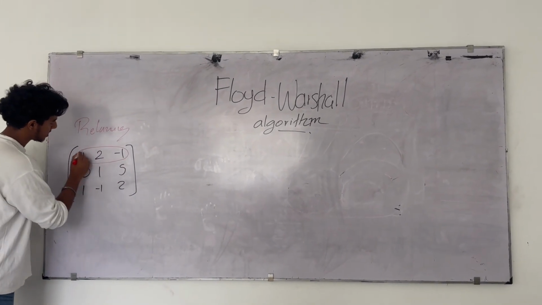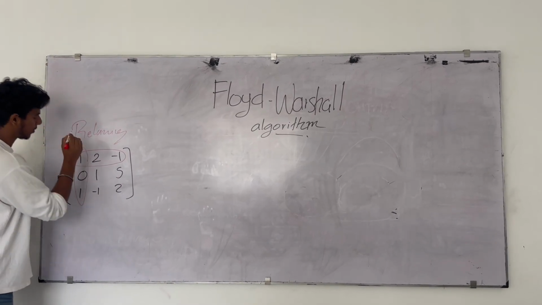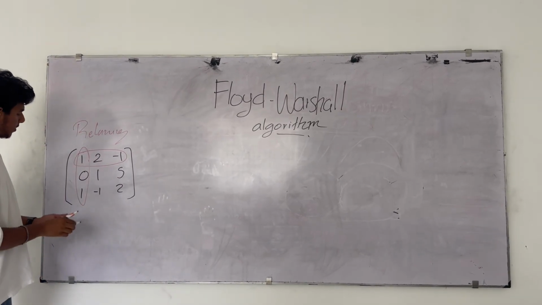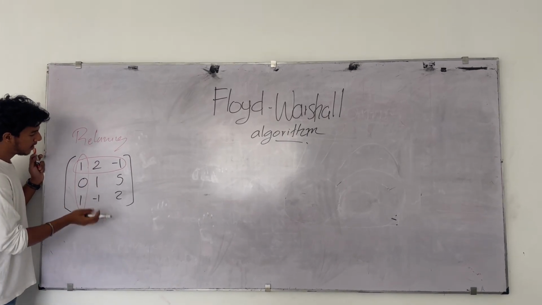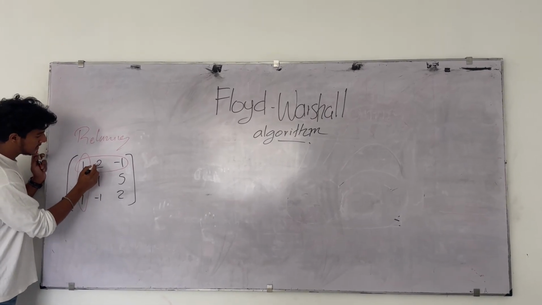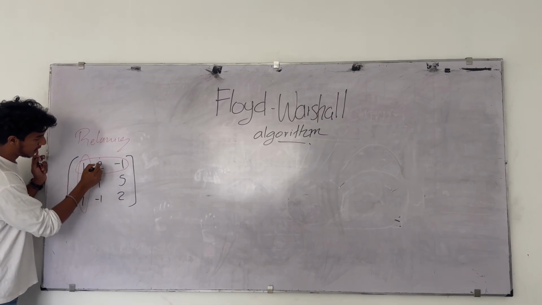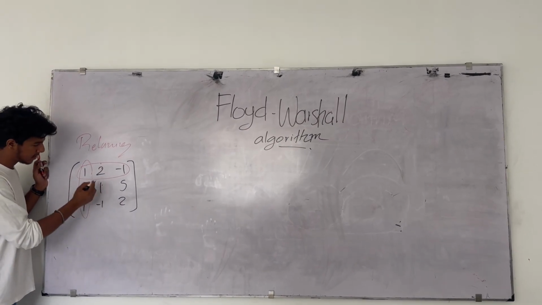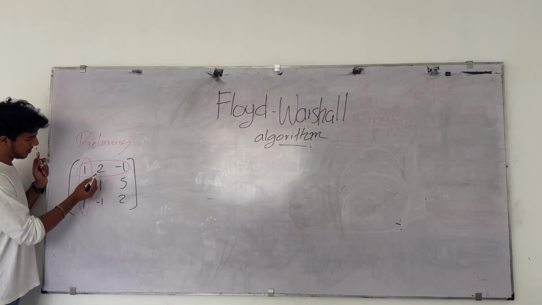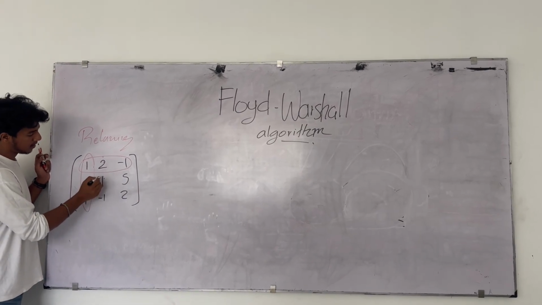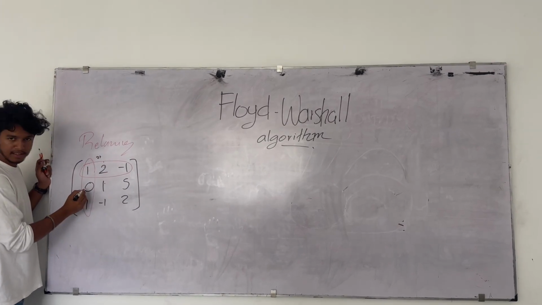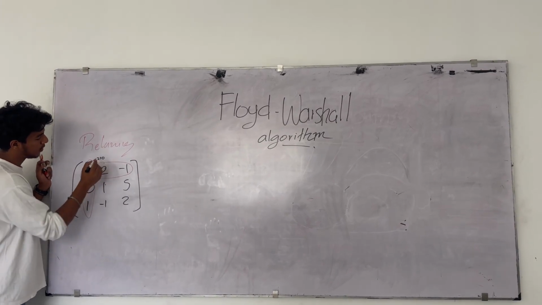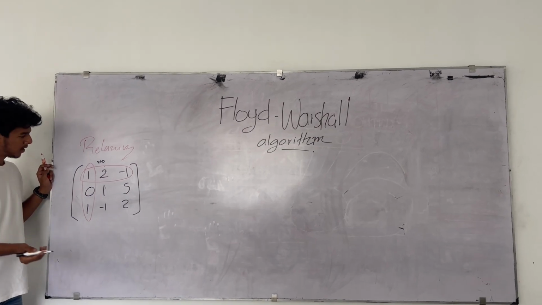First, we circle the first column and the first row. Then we select an element. Let me select 1, and we add the elements directly above and directly left of the selected item. The element directly above is 2, plus the directly left item is 0. 2 plus 0 is 2.